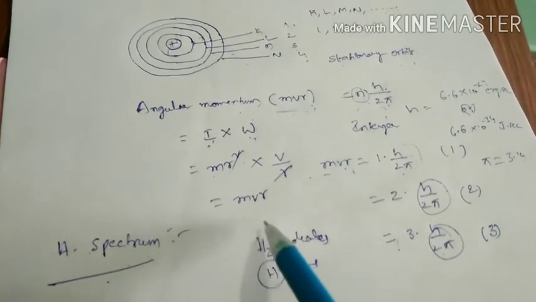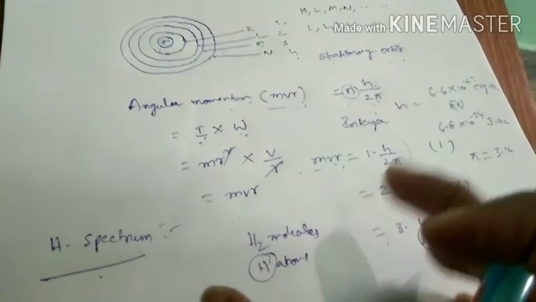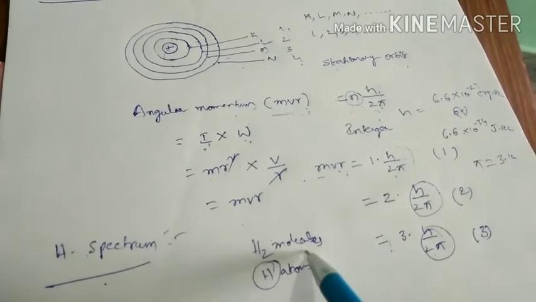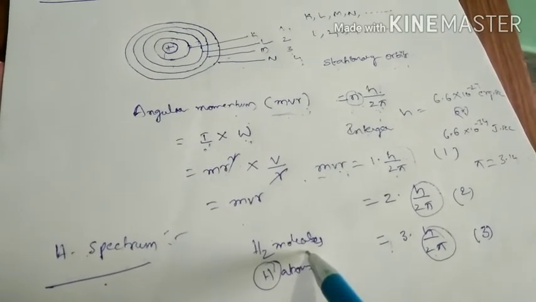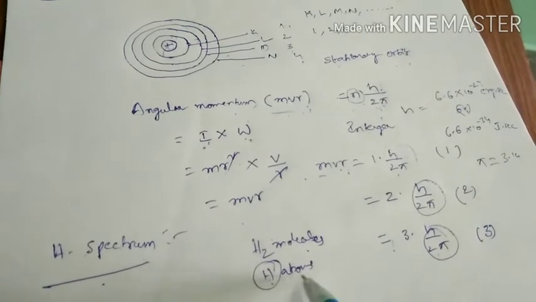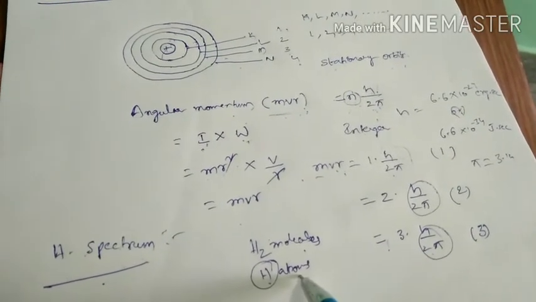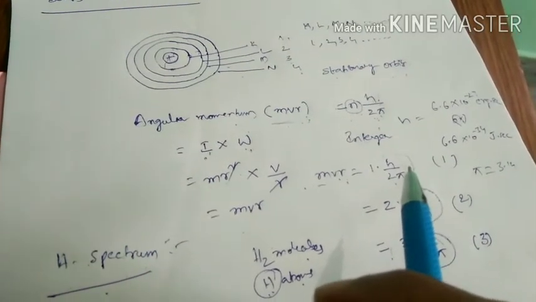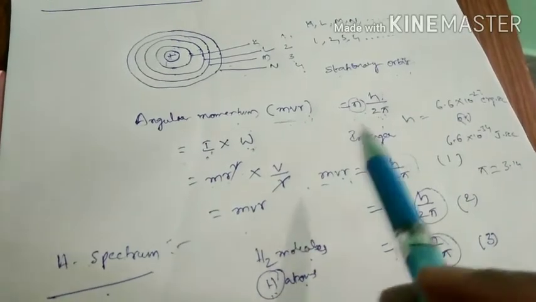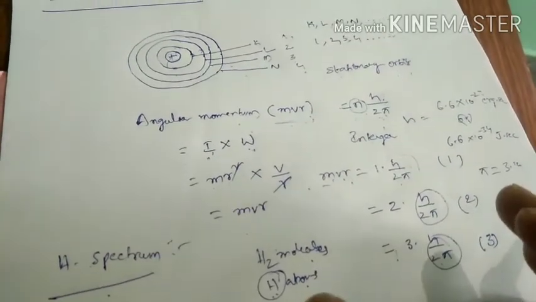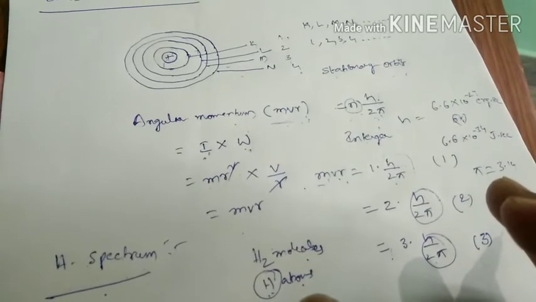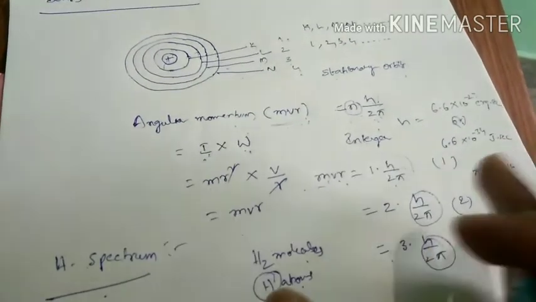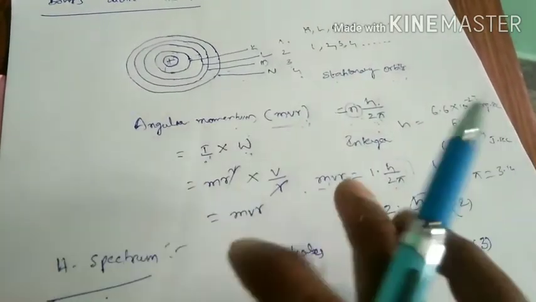When hydrogen gas is taken in a discharge tube and we heat it, the hydrogen gas contains hydrogen molecules. Those molecules undergo dissociation because we are heating, and then hydrogen atoms form. The electrons present in the hydrogen atom gain that energy and jump from a lower energy orbit to a higher energy orbit. But at the higher energy orbit, the energy of the electron is more but stability is less. Here you have to remember one point: energy and stability have an inverse relation.